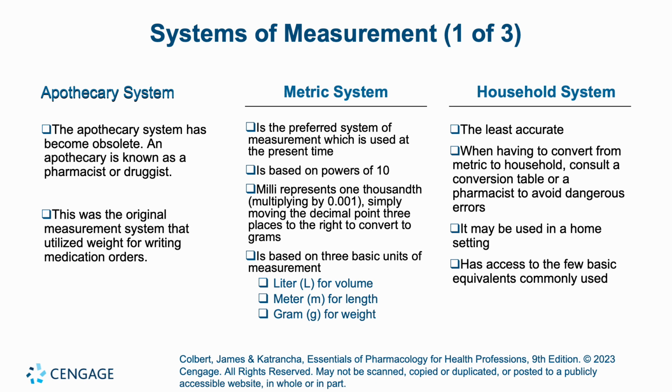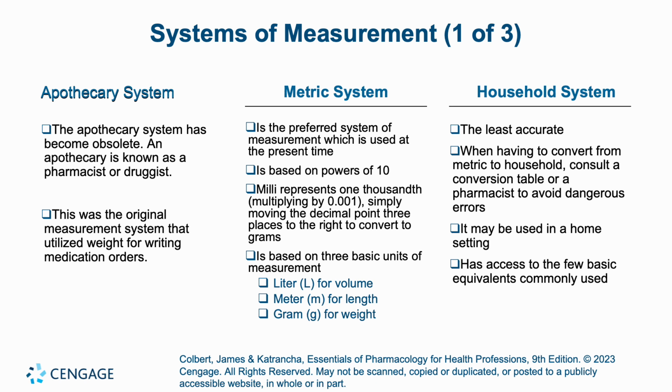We also have the household system, which is the least accurate. When having to convert from metric to household, make sure that you're using a conversion table or a pharmacist to avoid dangerous errors. Sometimes this is used in a home setting, but it has access to the few basic equivalents commonly used, but it's not, again, going to be accurate in the way that the metric system is going to be accurate.